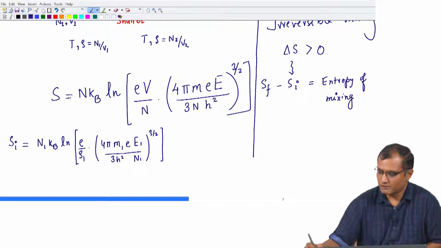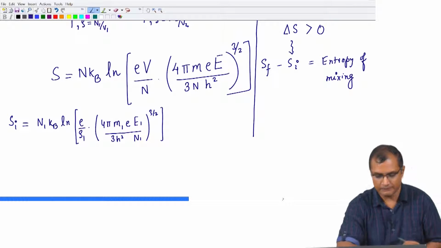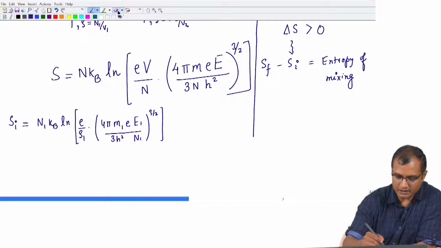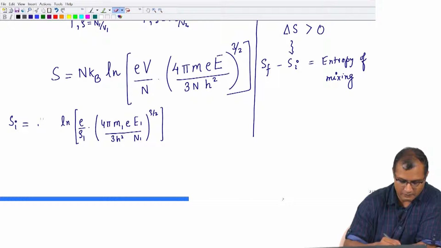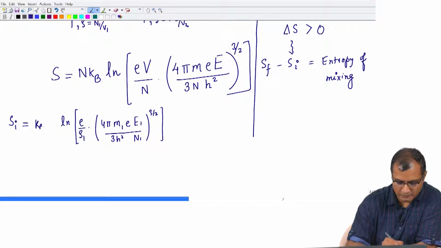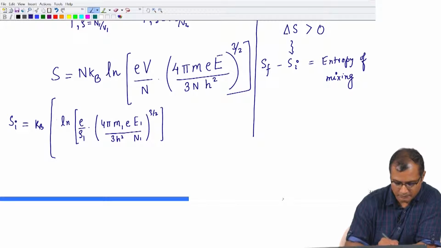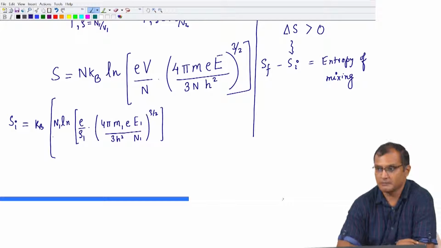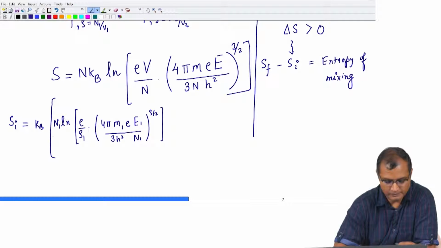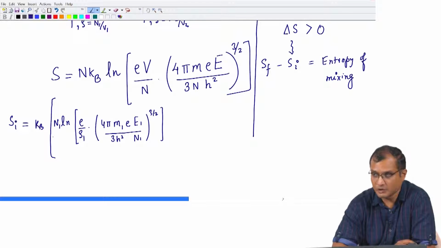This is just the entropy of the first gas. I can in fact take the Kb constant outside. No, this is just S_I, the initial entropy.